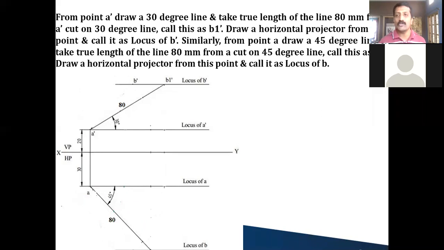On the true inclination, the true length of the line should come, right? What is the true length of the line? It is 80 millimeter. So with A dash as the center, take 80 millimeter as the radius and cut this 30 degree line. Wherever it cuts, from that point you draw the horizontal projector line and call this the locus of B dash.